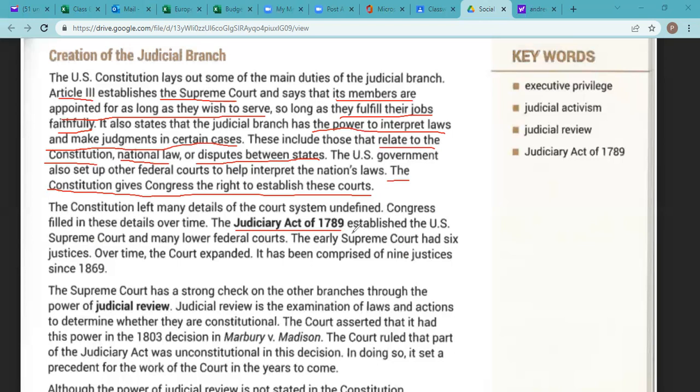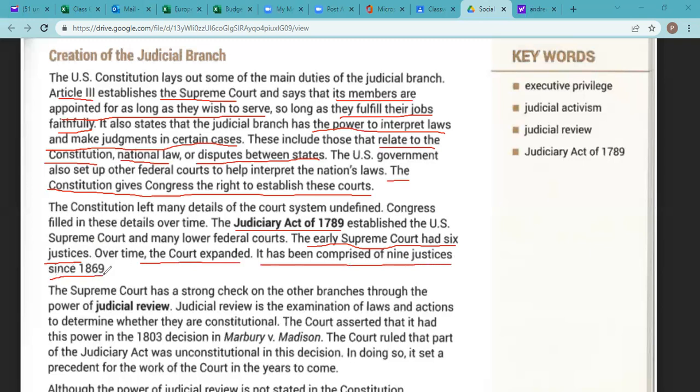So this Judiciary Act of 1789 established the U.S. Supreme Court and many lower federal courts. So the early Supreme Court had only 6 justices. Now, over time, the court expanded, and it has been comprised of 9 justices since 1869.